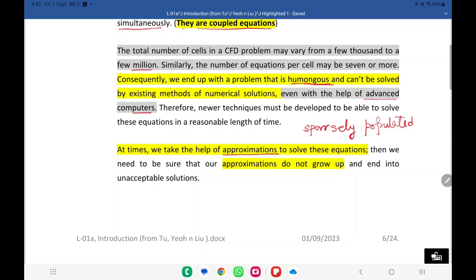Once you are making approximations, then another responsibility comes on you, that you are actually reaching the actual solution. So what is required is not only that you should have the methodology to solve such equations, but also to ensure that you are getting the correct solution, because you are going by an approximate method.